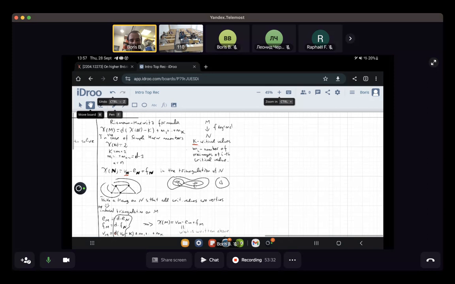And from the other hand, if the ith critical value has preimages with multiplicities mu i1 etc. mu in, then how are these numbers connected with, for example, n minus m1, say?